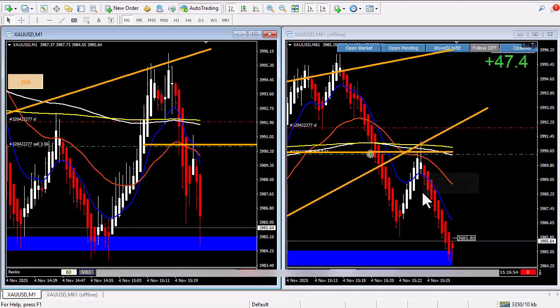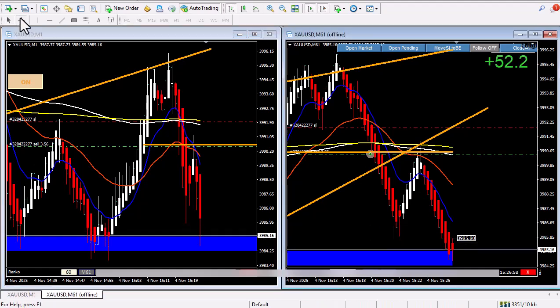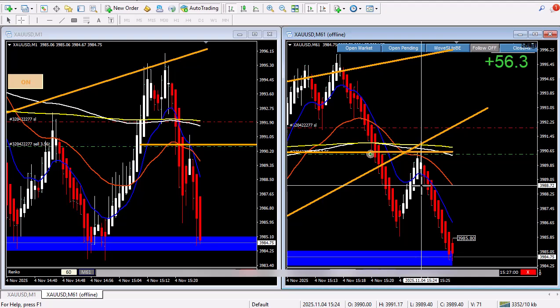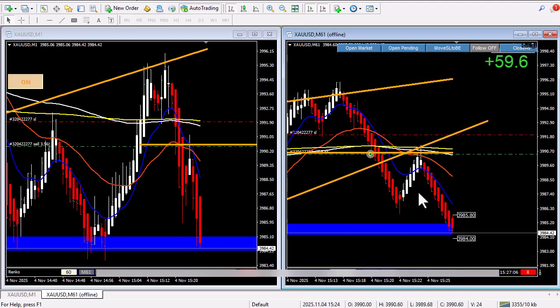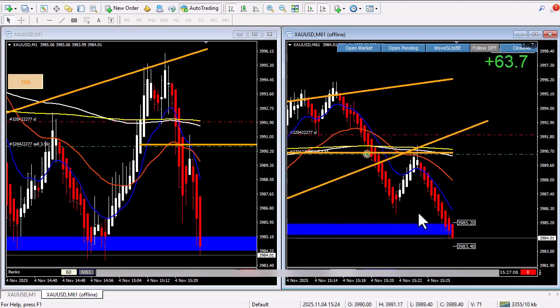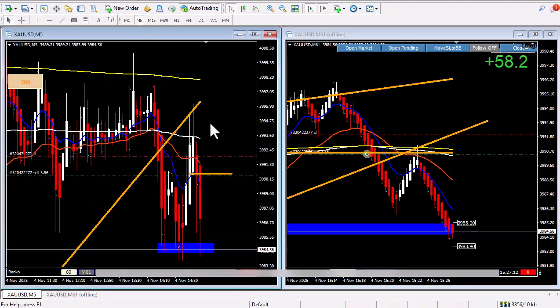Here you can see, as I told you, if someone missed the breakout entry, they can enter here with 20 pips. Now price is running, or if someone wants to add another position, you can add.